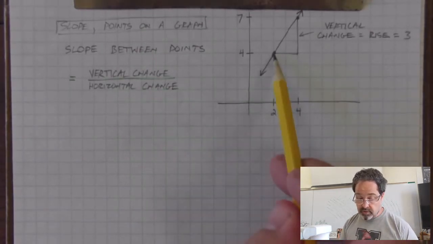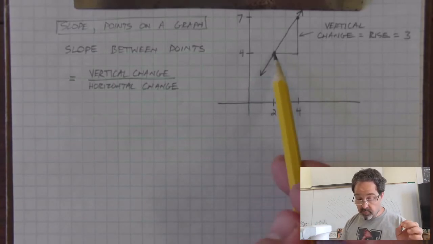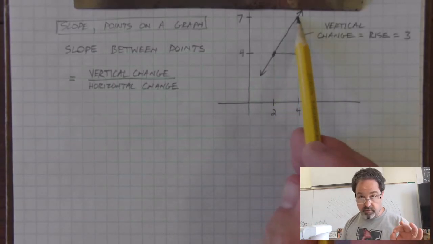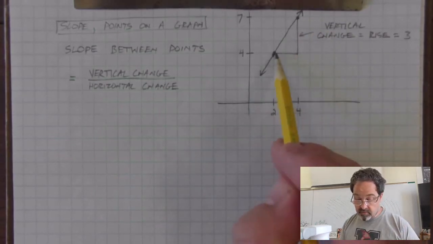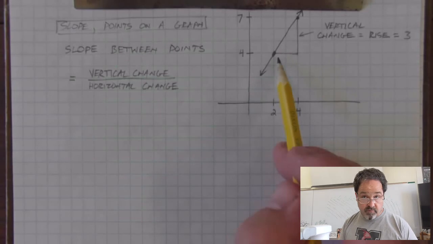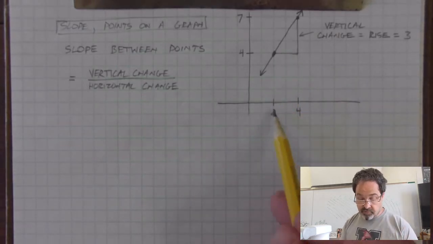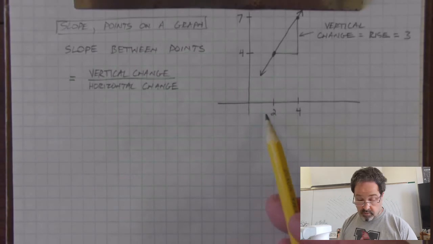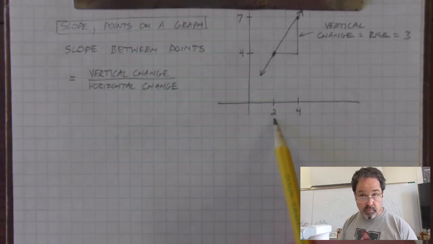Horizontal change is how much we have to change just horizontally to go from this point to this other. And in our triangle, this leg, this distance, represents just the horizontal amount of change. It's the change in the x information. So the coordinates of this point started with an x value of 2.